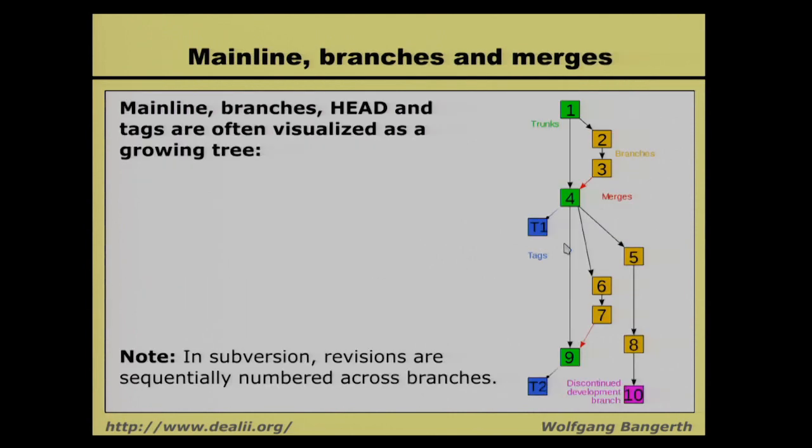So here's a graphical description. So let's say we start at revision 1. This would be, let's say, my main line. Okay, my main line is the primary development branch, but in reality, it is just a branch like every other. It is just the one that we agree upon is the primary development line.